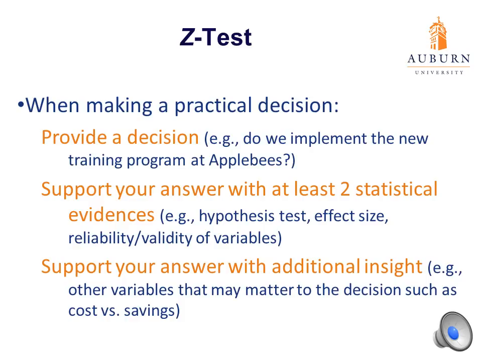Maybe you talk about the mission and vision of Applebee's, or what you might think that is and how it might relate to a decision of whether or not you implement this new training program. And so you're given quite a bit of creative freedom with this additional insight portion. So whatever else you think might matter, talk about it and support it in a way that supports the decision that you make when making your practical decision.